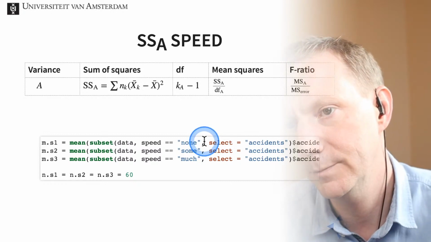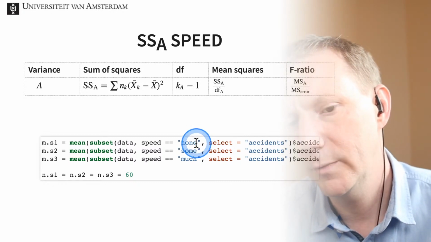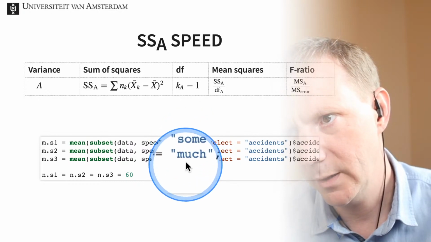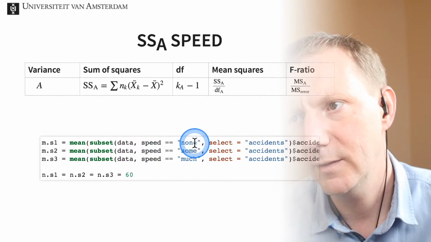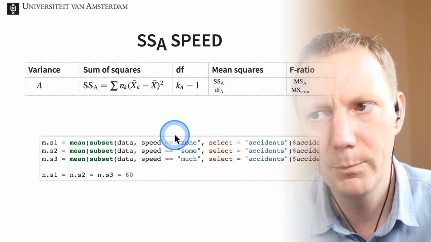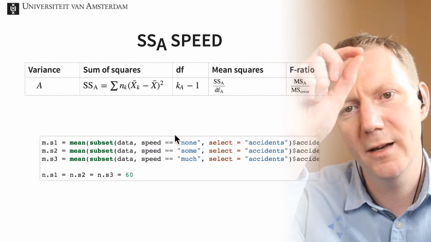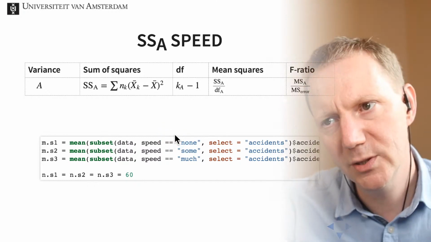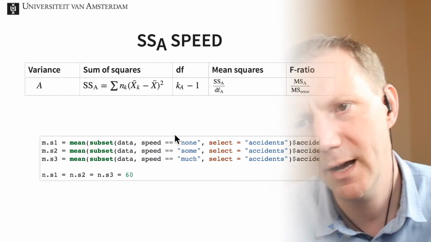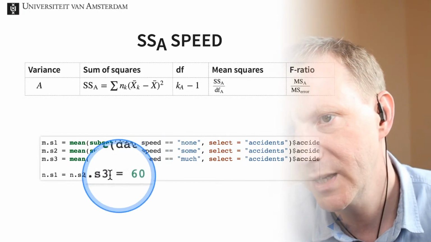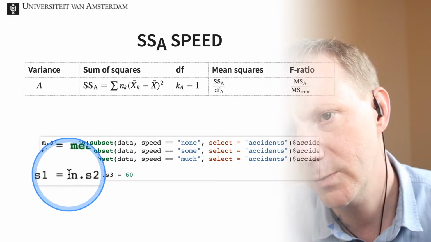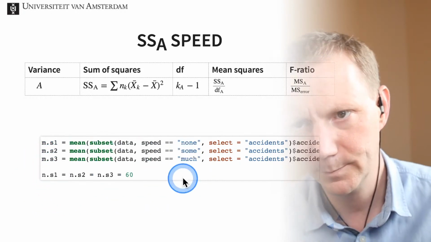We're just saying, well, it's speed. So we're having the none, the some, and the much conditions. And we had 20 people within each subgroup, so if we're combining 3, we're now at 60 people within the groups. That holds for the first one, the second one, and the third one.